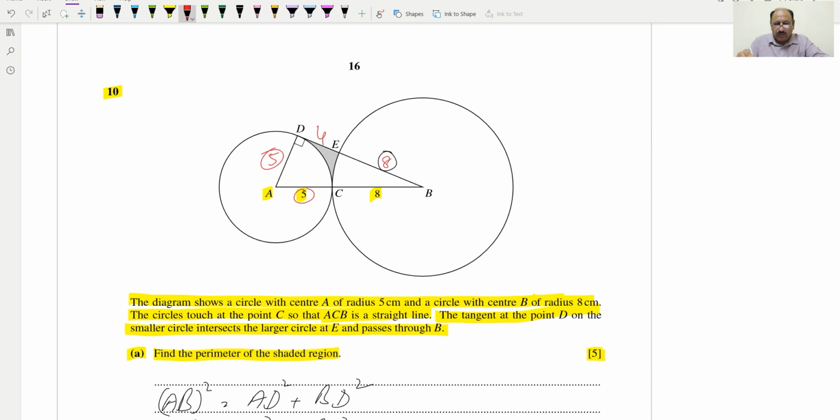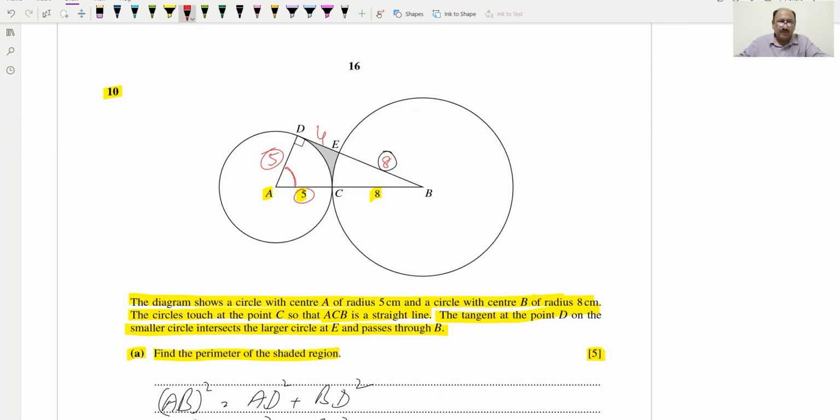Now the arcs EC and DC are required. To find these arcs we require the angles. First we will find this angle, which is angle BAD.